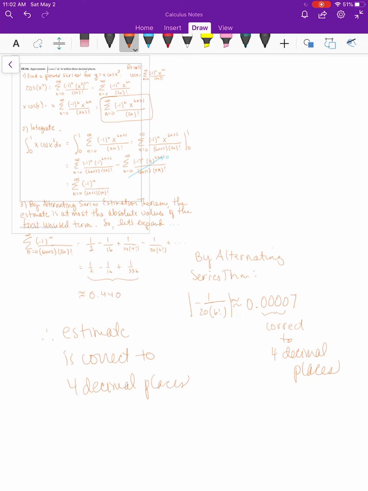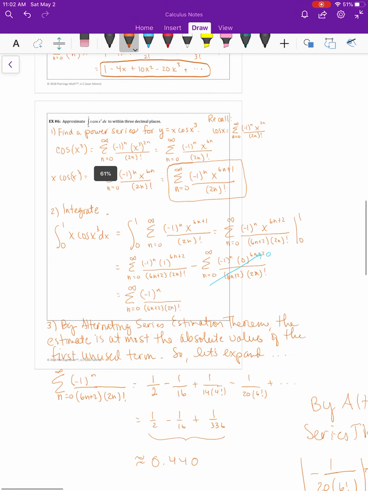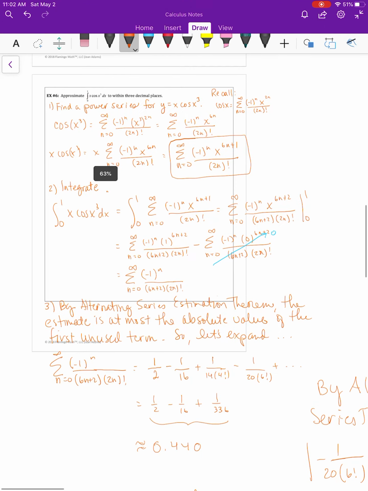So therefore, our estimate is correct to 4 decimal places. That means that the exact value and the estimated value are exactly the same for 4 decimal places, okay?